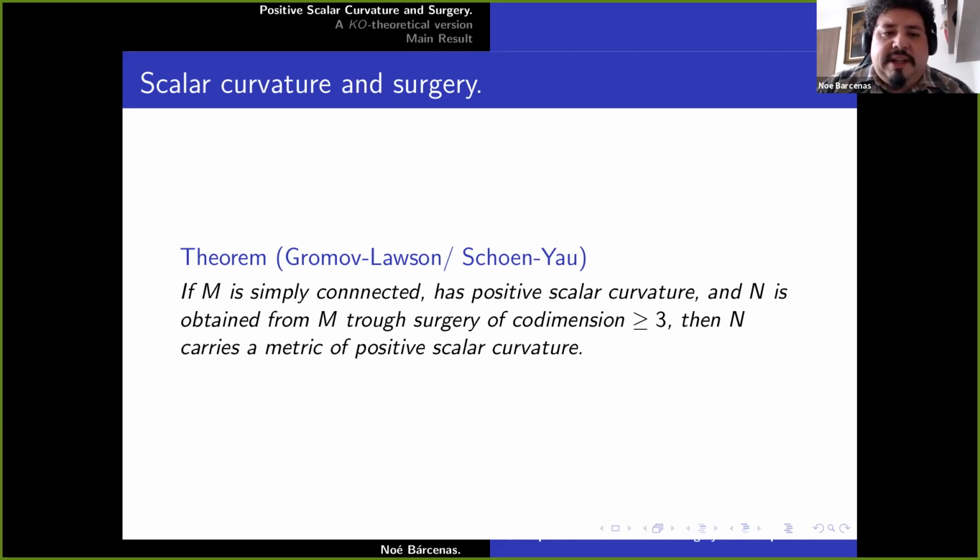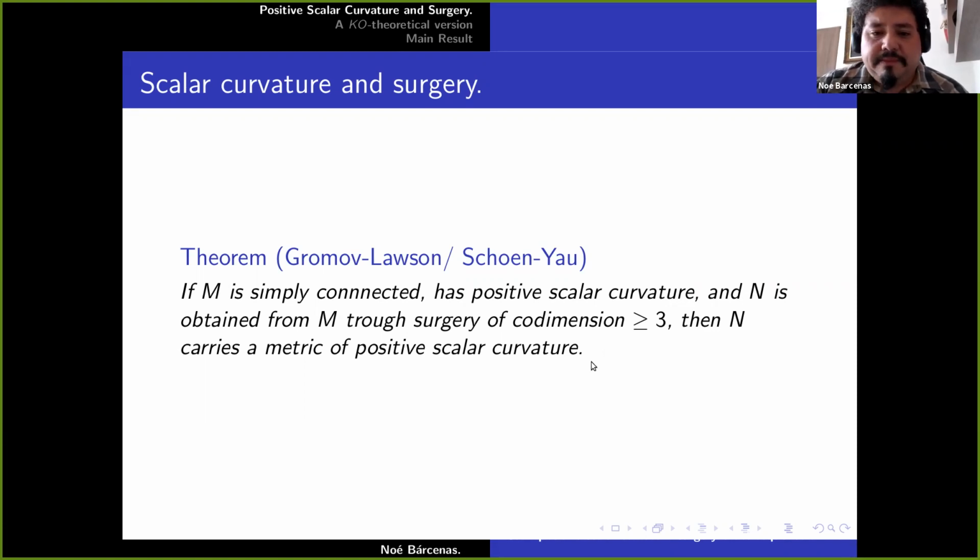So here is the connection. There's a theorem of Gromov, Lawson, and Schoen and Yau. If you have a simply connected manifold which has positive scalar curvature, and then you obtain a manifold through surgery of codimension at least 3, then this manifold carries a metric of positive scalar curvature.